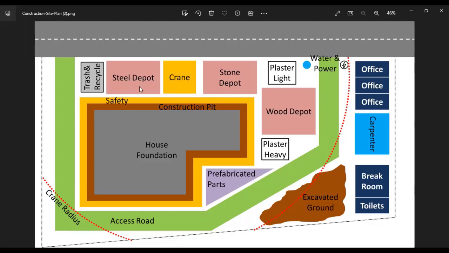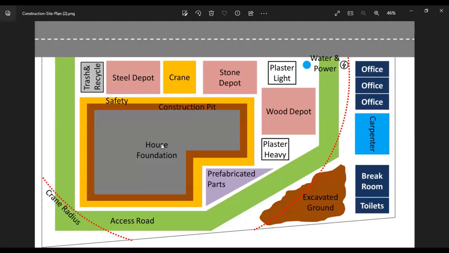Then this is the steel depot. Then we have the crane, and you can see this is where the plane is positioned. At the red dot, we are seeing the crane radius. That is the coverage of the crane, the coverage at which the crane will move.